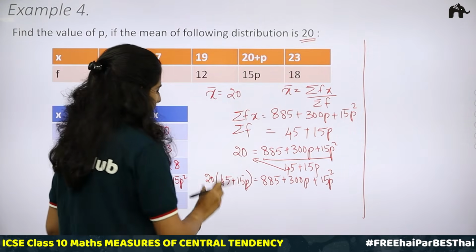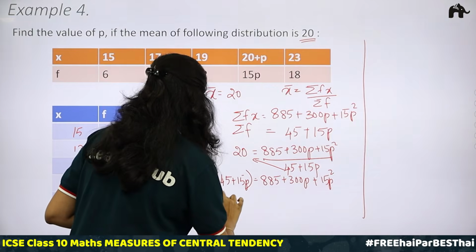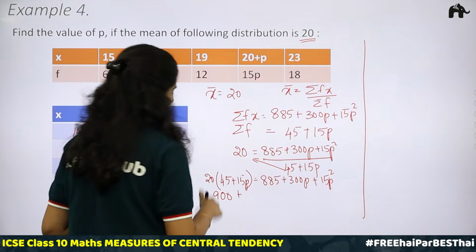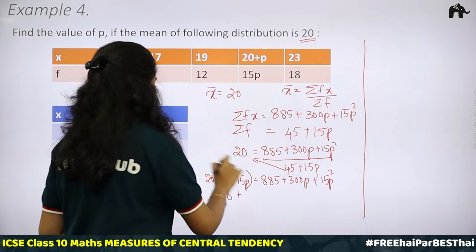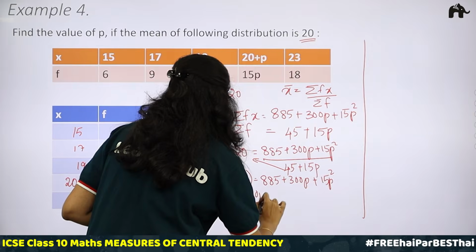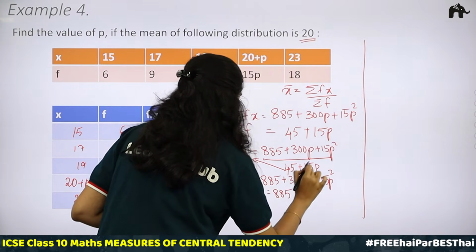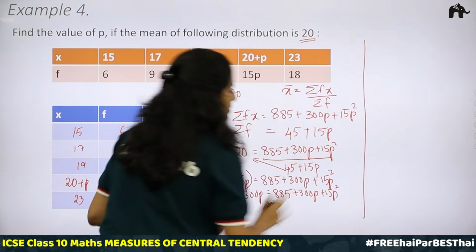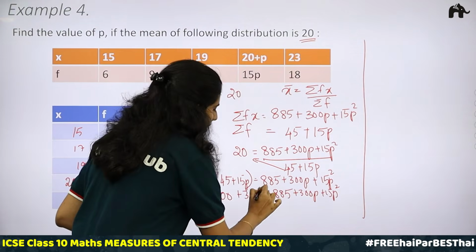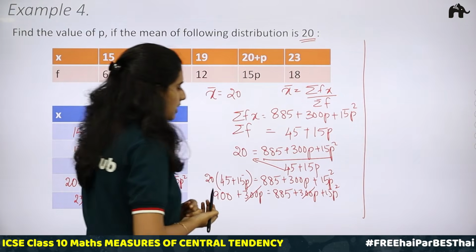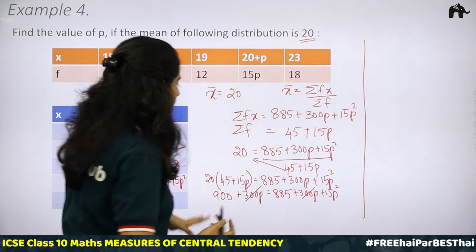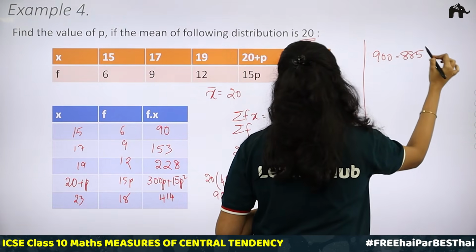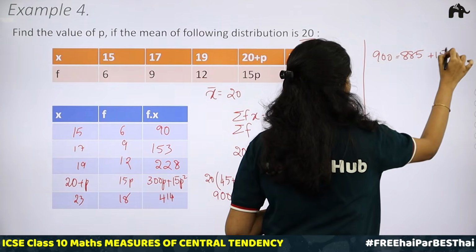Okay, multiplying 20 into 45, we will be getting 900, plus 20 into 15p, you will be getting 300p, is equal to 885 plus 300p plus 15p square. From this we can find the p value. 300p can be cancelled from both the sides. Then you are having 900 is equal to 885 plus 15p square.